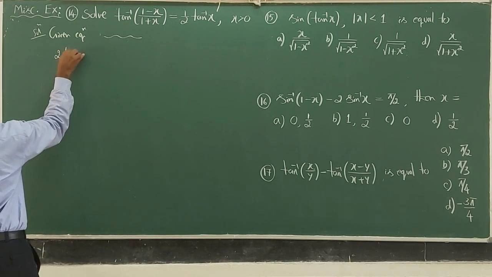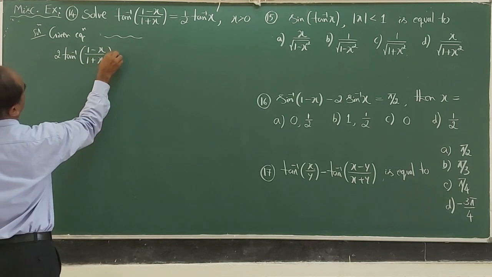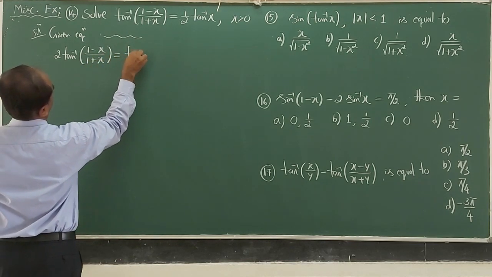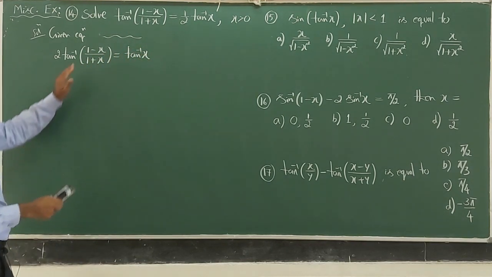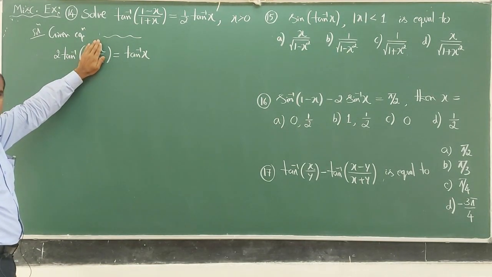We get 2 tan inverse of (1 minus x by 1 plus x). Here I am going to apply the 2 tan inverse x formula. What is 2 tan inverse x? Tan inverse of 2x by 1 minus x square.